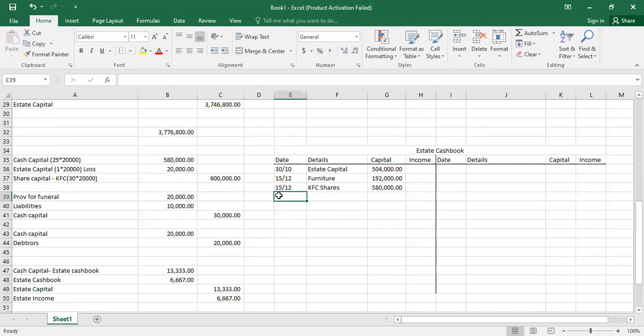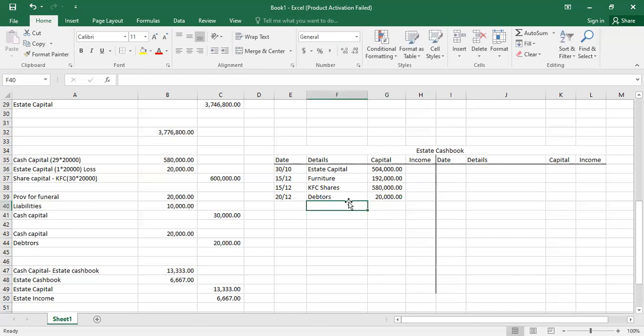Debtors were realized on 20th. So what amount? 20,000.